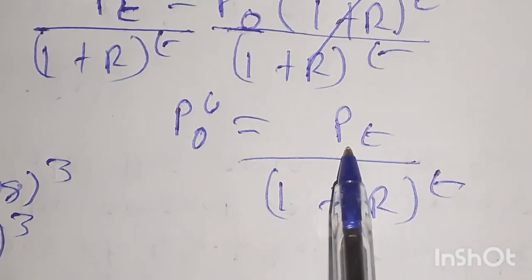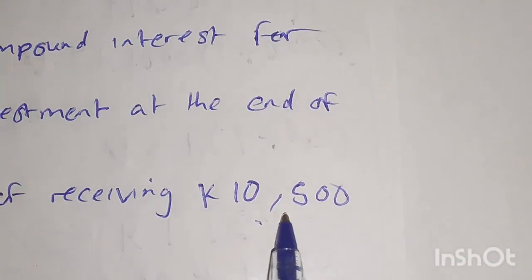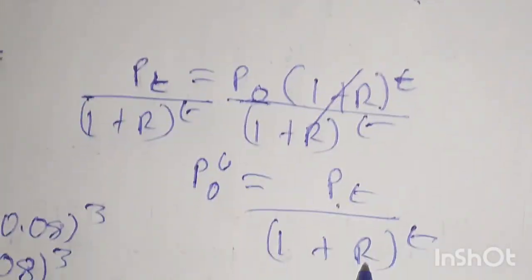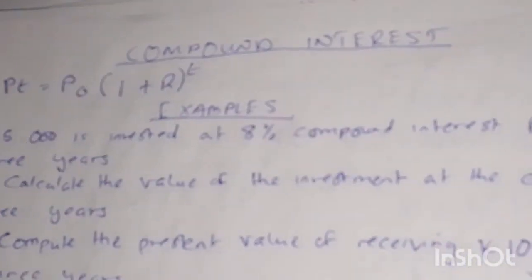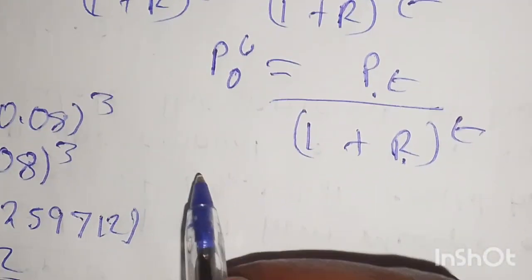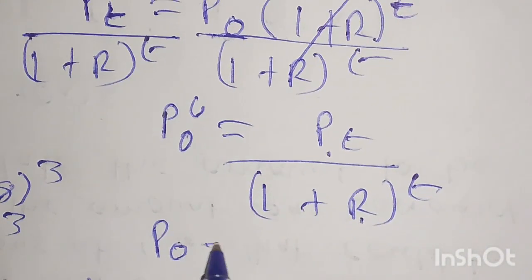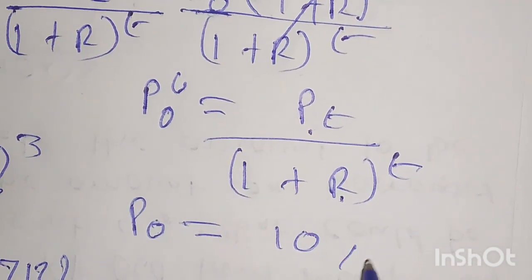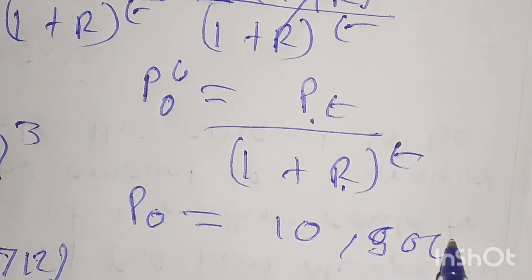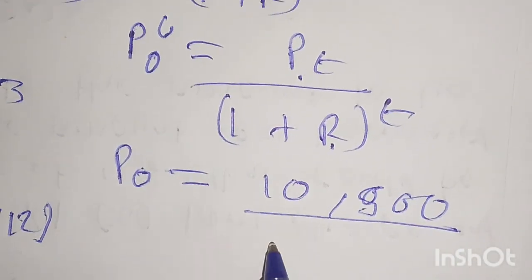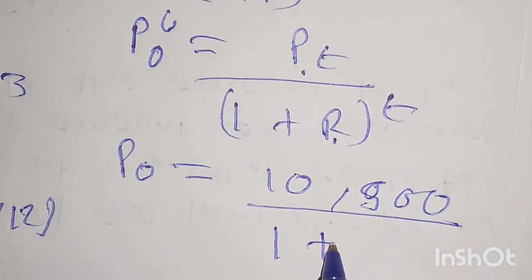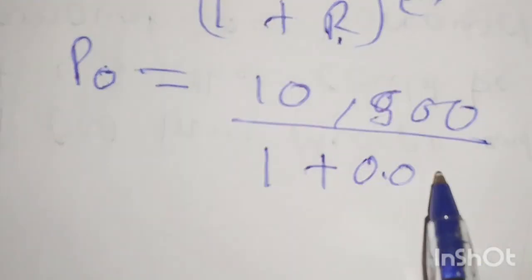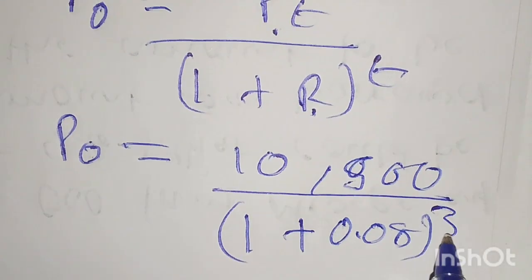So we have our future value to be 10,500 here. Then we have the rate, which is still 8%, and time is still 3 years. So present value is equal to future value, 10,500, over 1 plus rate. Our rate is 8%. When you convert it, because it's a percentage, it's going to be 0.08 to the power 3.